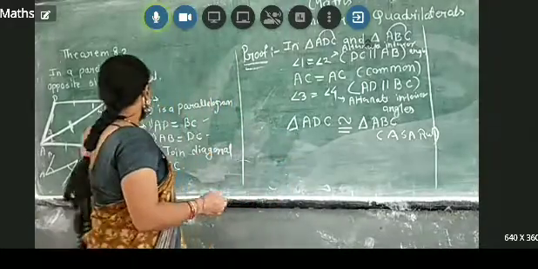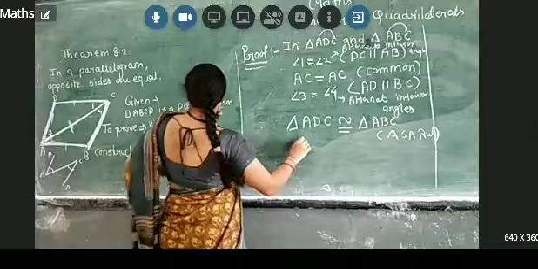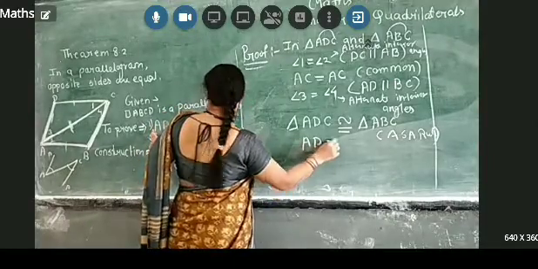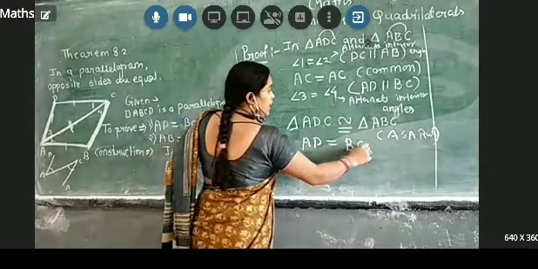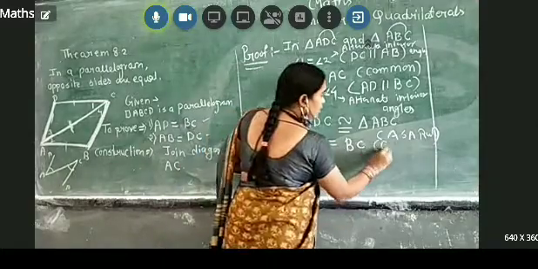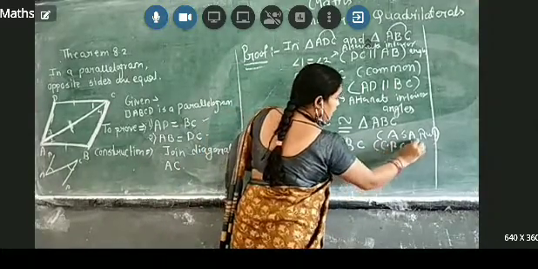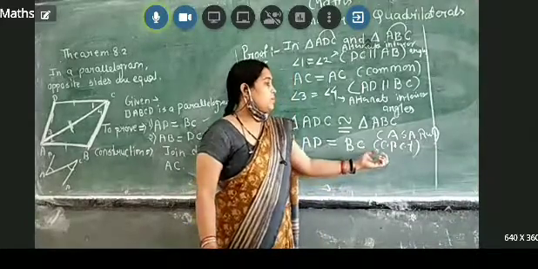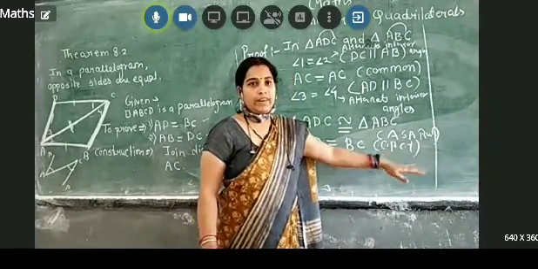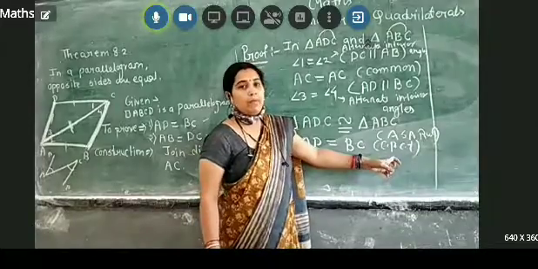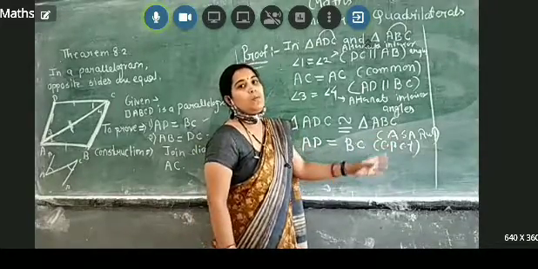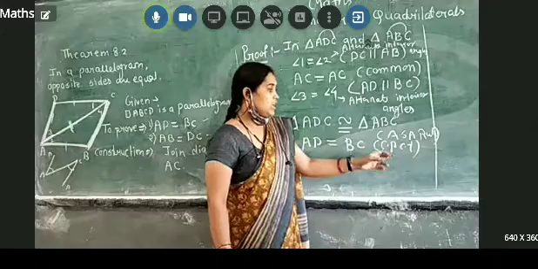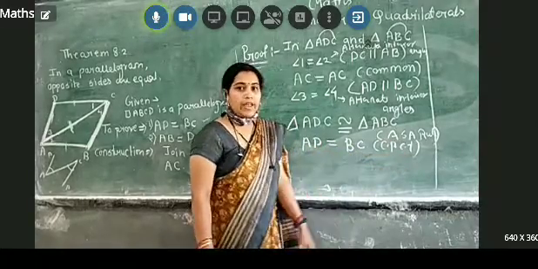So write here that AD is equal to BC and the reason is CPCT, and the full form of CPCT is corresponding part of congruent triangle. इसको याद रखना, कभी कभी 1 मार्क्स में जरूर पूछता है ये what is the full form of CPCT. So corresponding part of congruent triangle.